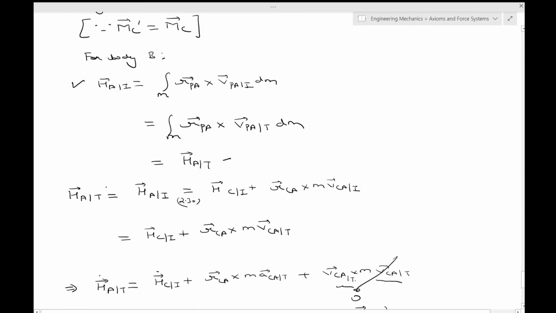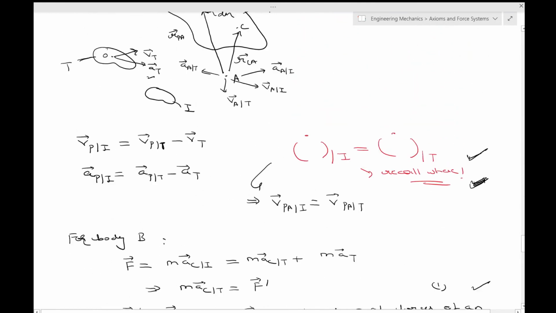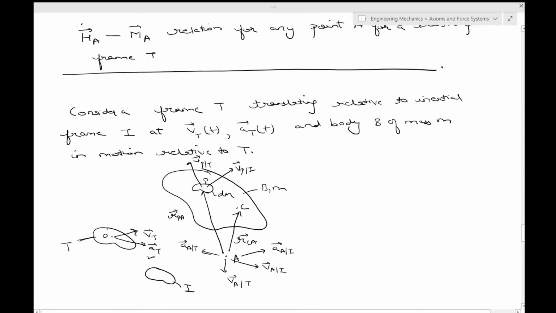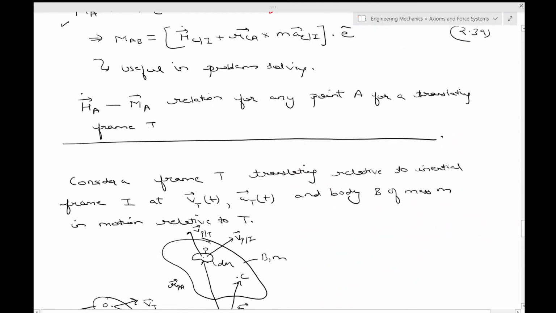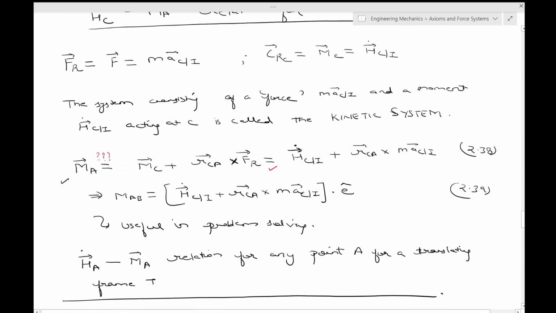Okay. And you remember we have defined a kinetic system somewhere. I don't remember where we have defined. Perhaps, yes, a system consisting of a force mac and a moment h dot c acting at c is called the kinetic system.